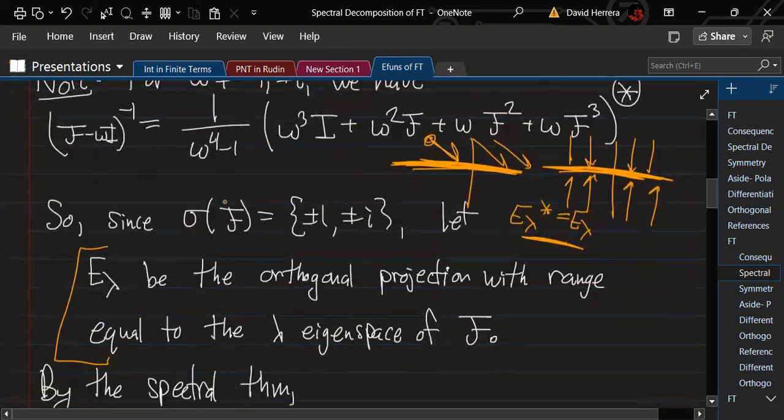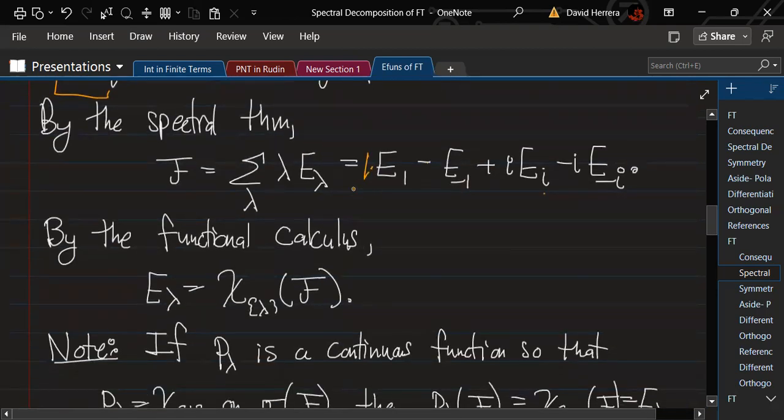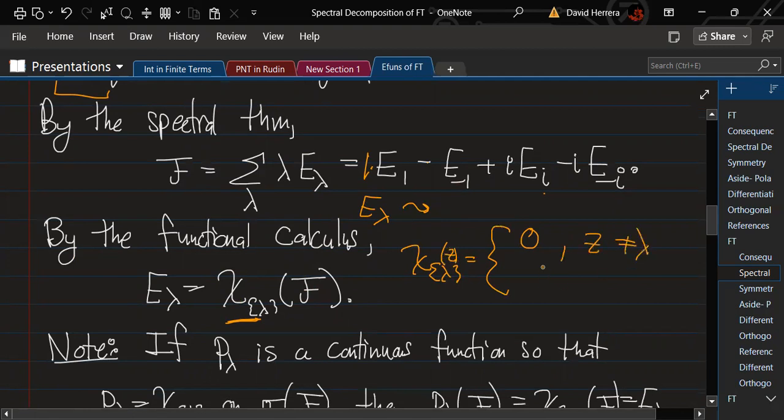So why is that important? Well, what is a spectral projection? You could think of it as a characteristic function on lambda. So it's a function of z that is 0 when z is not equal to lambda, and equal to 1 when z is equal to lambda.